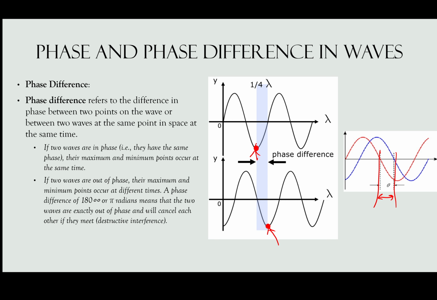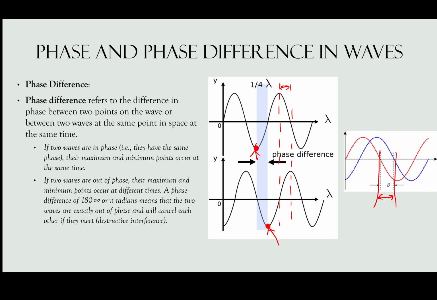Their maximum and minimum points occur at the same time when they are in phase. But when they're out of phase, let me just write this quickly. This maximum here does not occur at the same time as this wave's maximum, so they are out of phase.